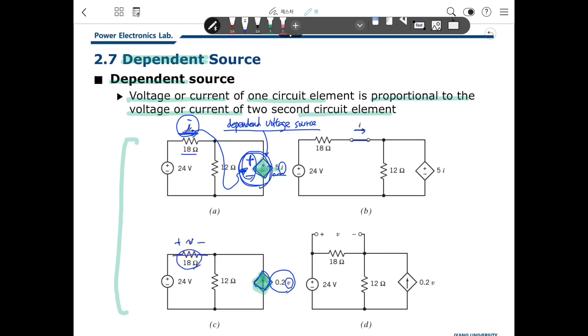Define this as the V here. So the current flowing through this dependent current source is determined by that value. Then you can say this is a dependent current source.